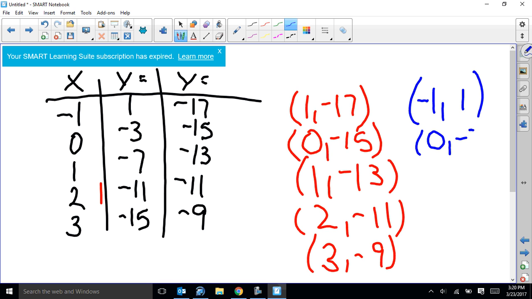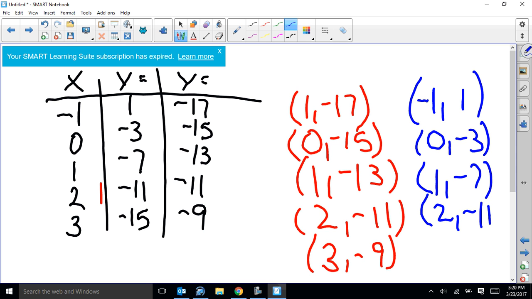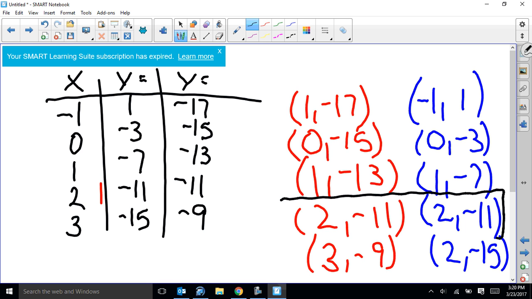We have a point at... Now, what point do they have in common? What point is on both lines? Does everyone see that these points are the same? Does everyone see that?